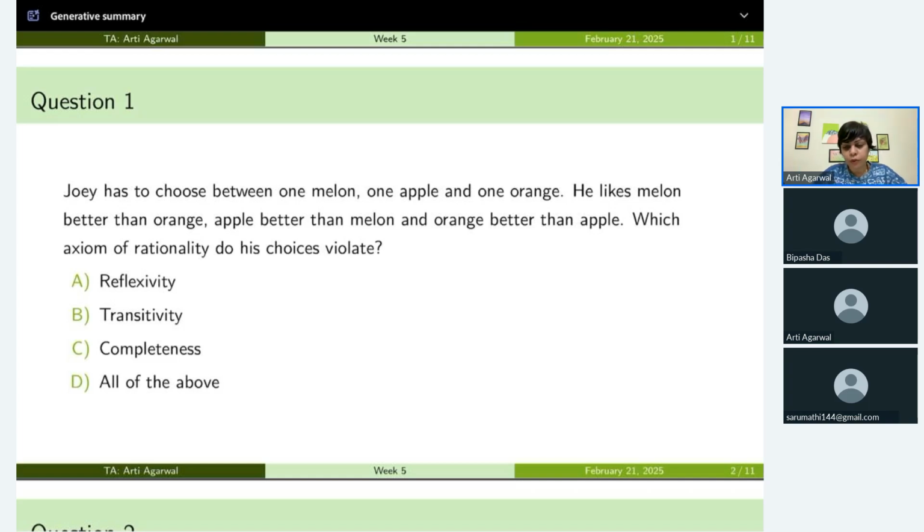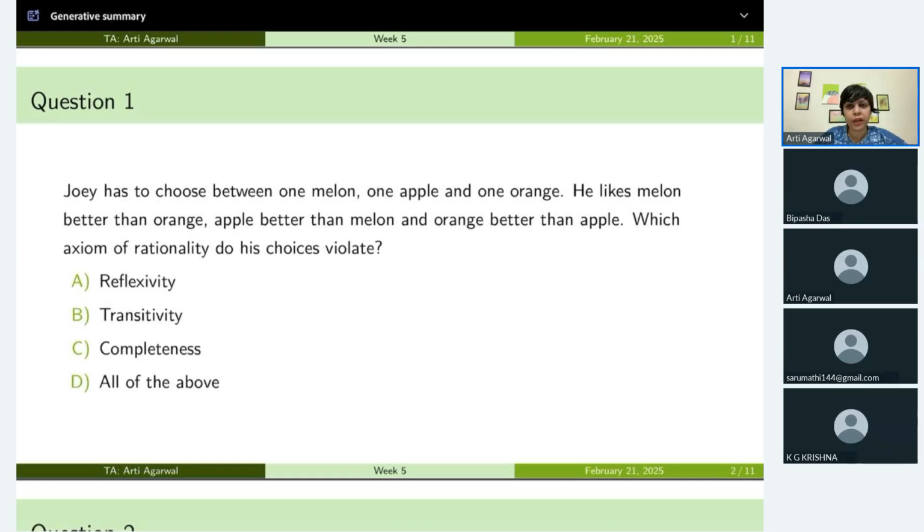Okay, so before we start with this week's content, I just want you to comment on last week's question, where we were talking about the kinked demand curves.